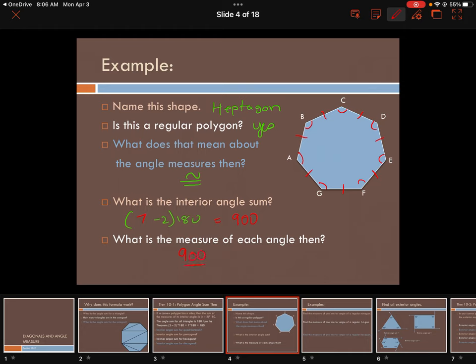So you got 900 total. All 7 are the same. Each angle has to be 128.57 degrees. And it's okay to get decimals. It just means it's in between 128 and 129 degrees.